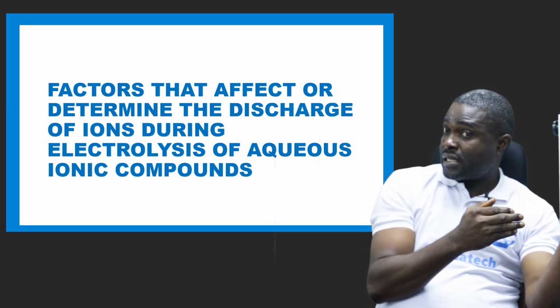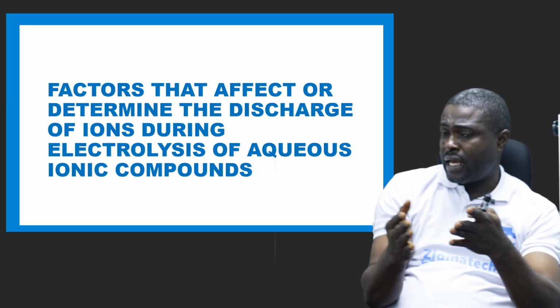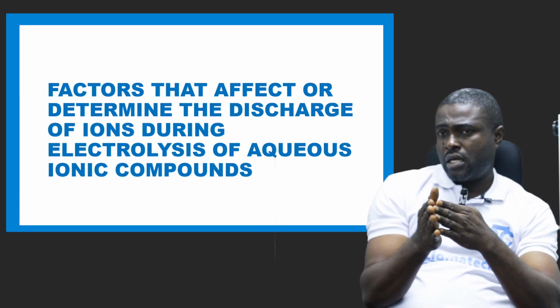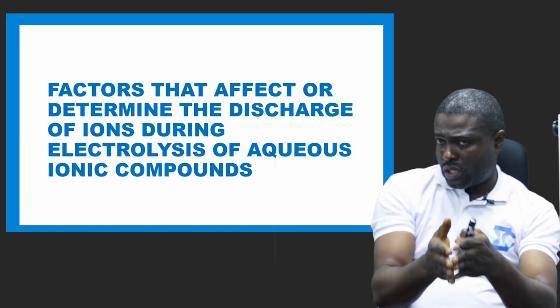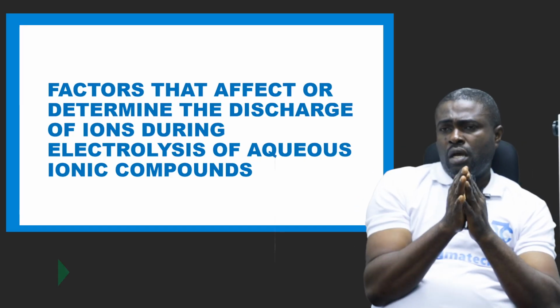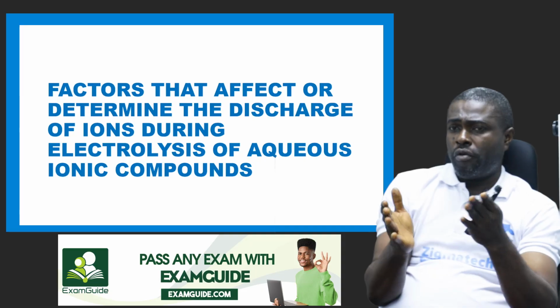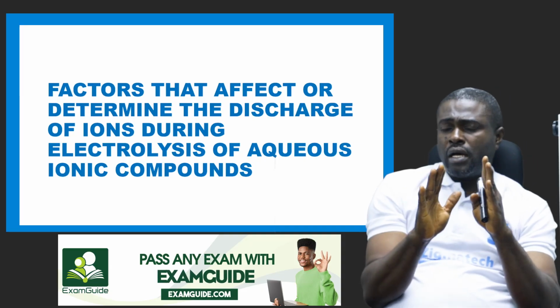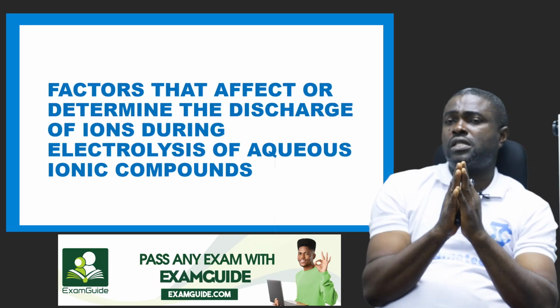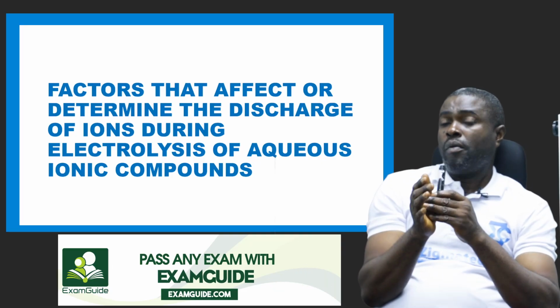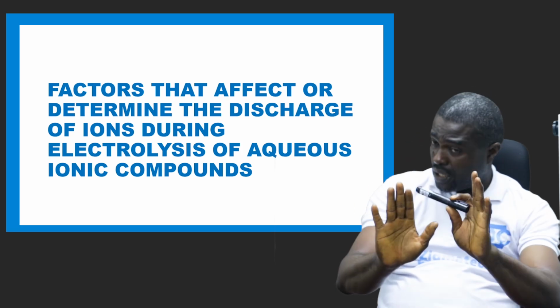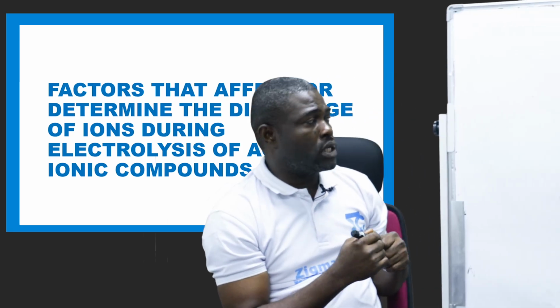In our last class, I told you we analyzed some electrolytes. We analyzed those of them in molten form, and we said once they are in a molten form, there are just two ions, one positive and one negative. Molten in the sense that the compound is there, it's not being dissolved in water.